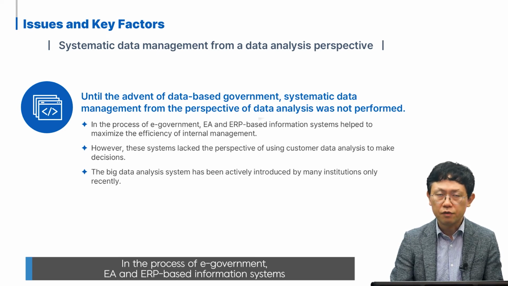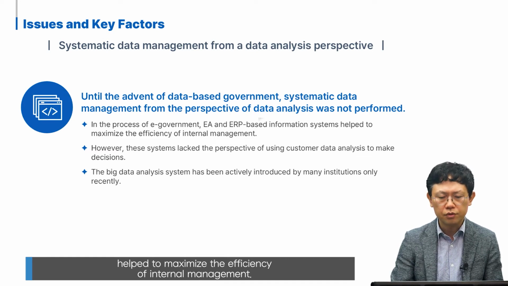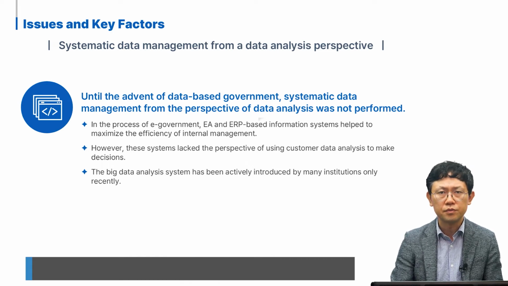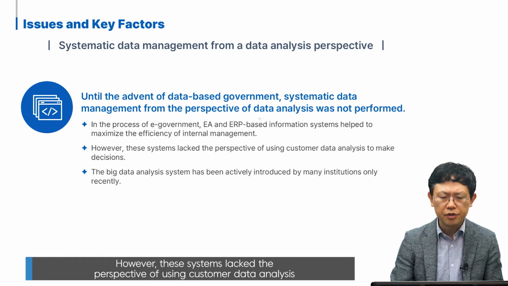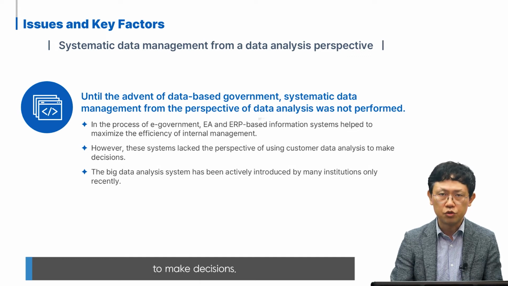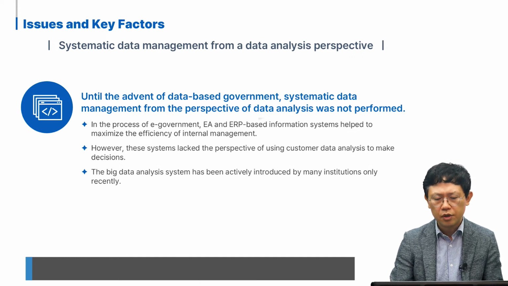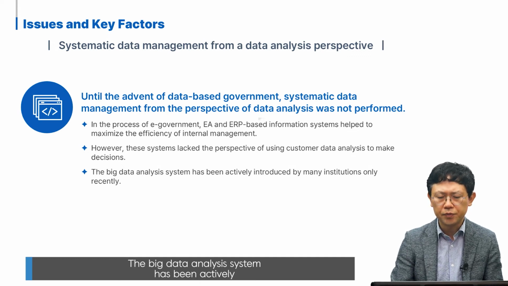In the process of e-government, EA and ERP-based information systems help to maximize the efficiency of internal management. However, these systems lack the perspective of using customer data analysis to make decisions. The big data analysis system has been actively introduced by many institutions only recently.